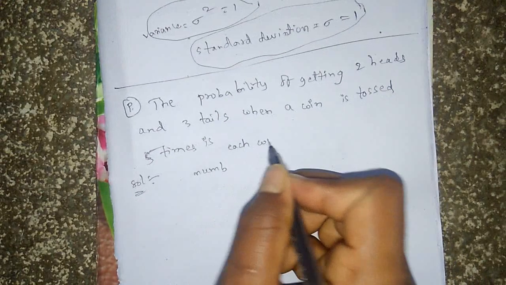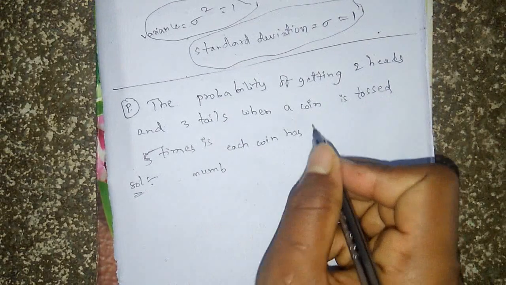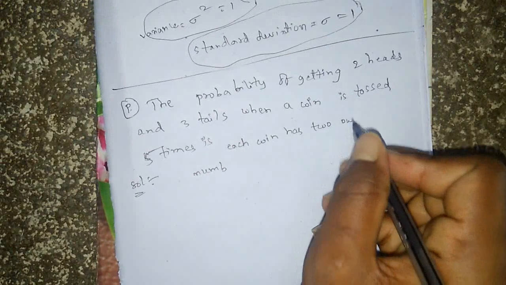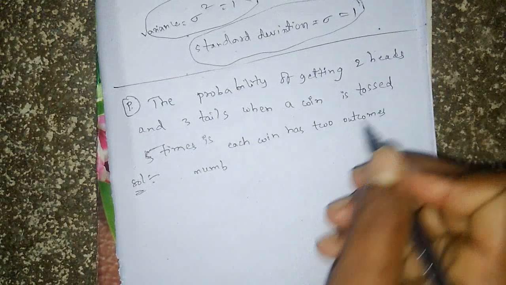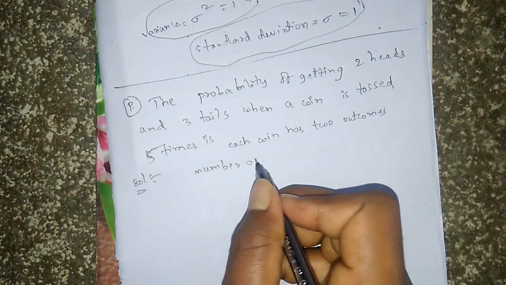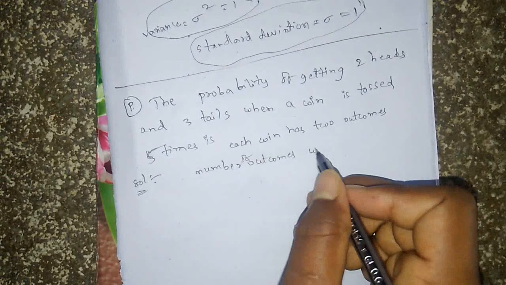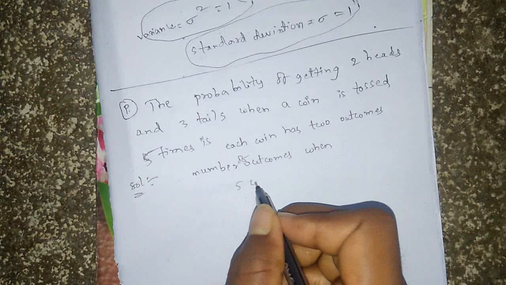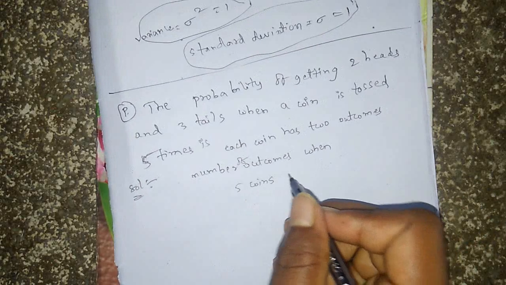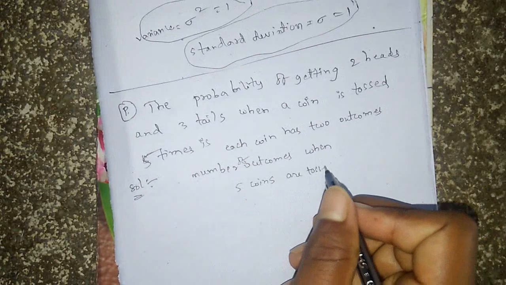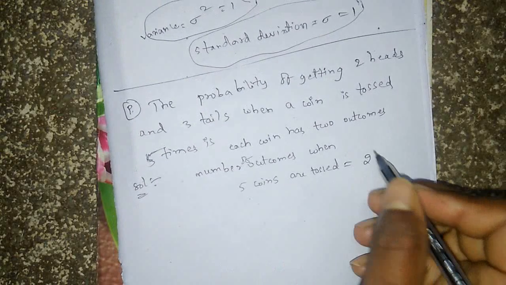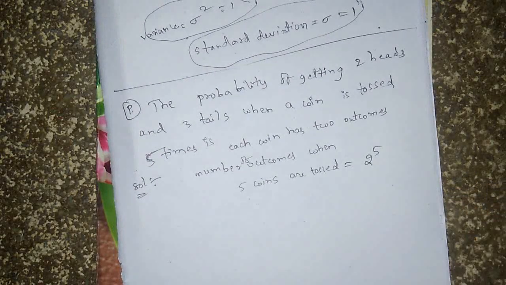Each coin has 2 outcomes, that is either head or tail. So the number of outcomes when 5 coins are tossed is equal to 2 power 5, 2 into 2 into 2 into 2 into 2.